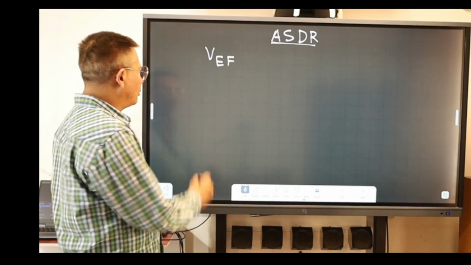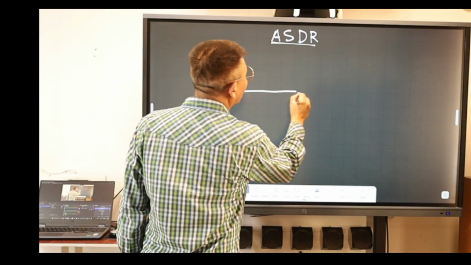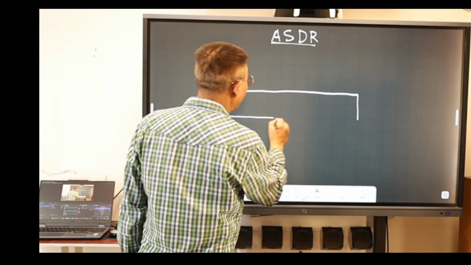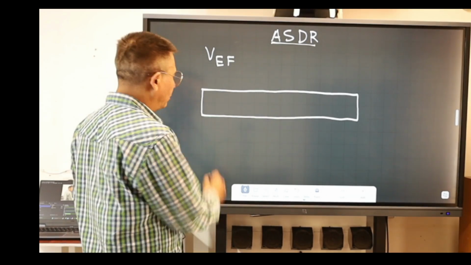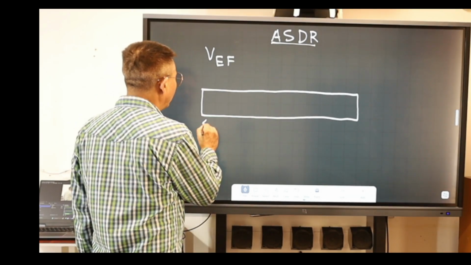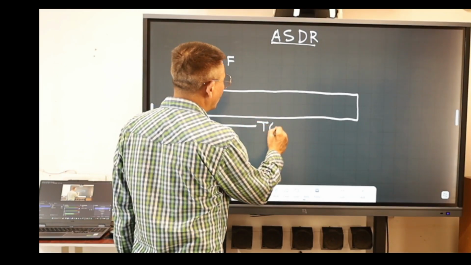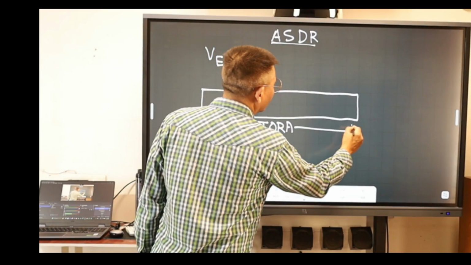Right? So we will draw a runway. This is the runway, and the length of the published runway is what we call TORA, or takeoff run available.